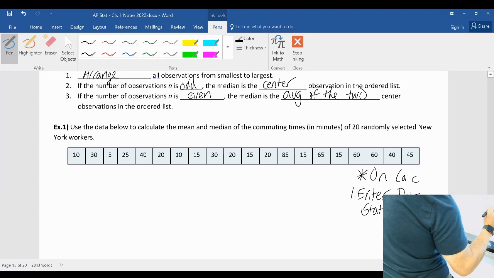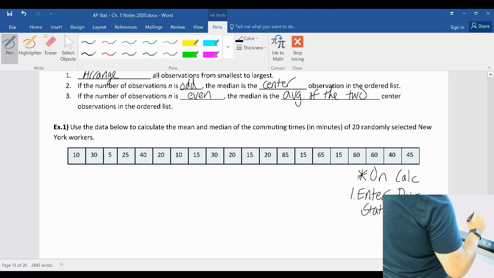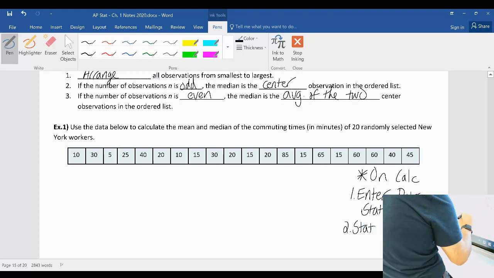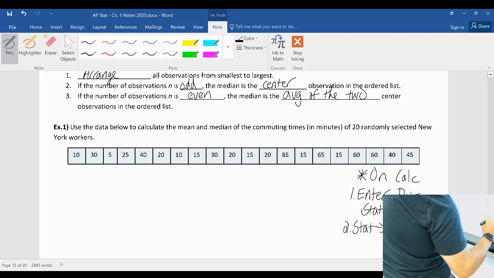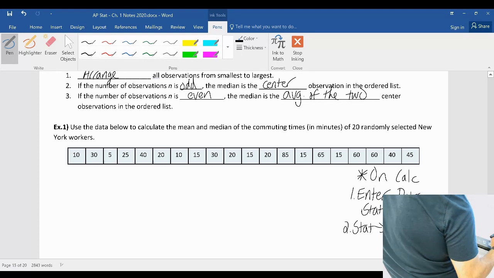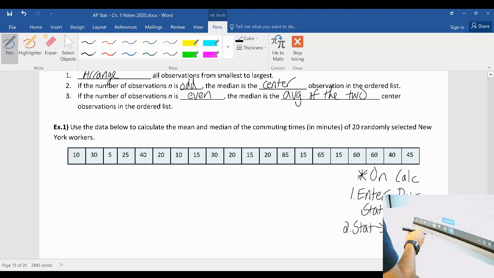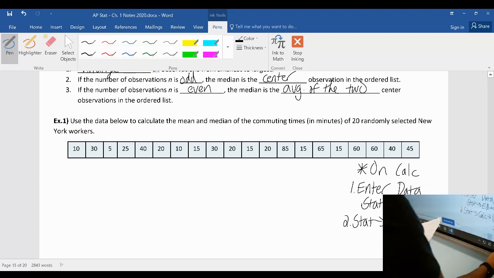After that, you're going to enter it into L1, and then you're going to go to stat, calc, and then one-var stats, which stands for one variable statistics. And that'll get you the mean, the median, standard deviation, as well as a bunch of other things.